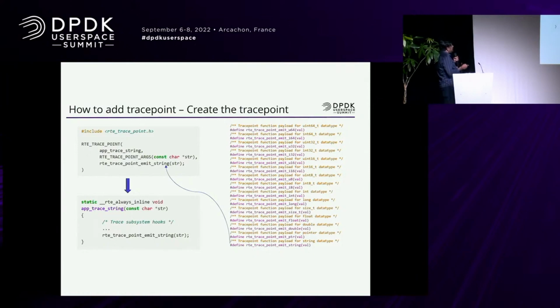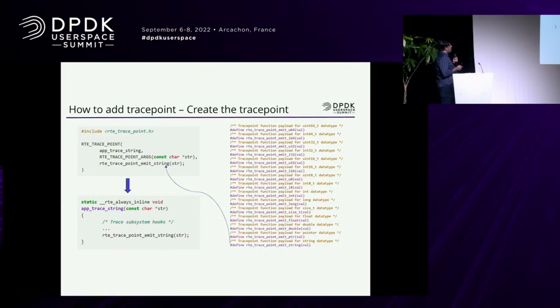And the third parameter, in this case, is an emit string. Basically, whatever you pass, it's going to emit. We also give the data types for all the cases, like how you want to emit: U64, I64, 32, 64, 16, U8, I8, long, size_t, float, and others.